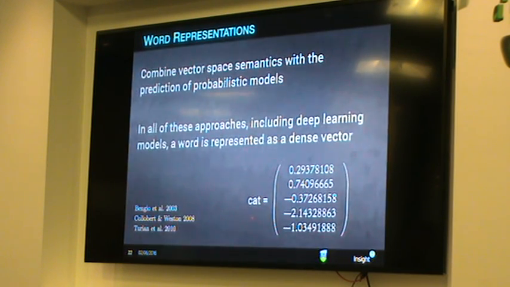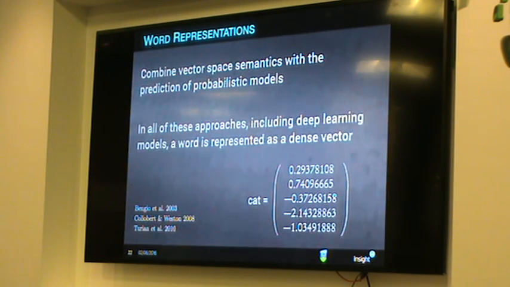And so when we combine these vector space semantics with some sort of prediction, the basic idea is that we want to represent each word as a word vector, in some lower dimensional space than the vocabulary space. Usually when people are building these word representations, they turn the word vectors into a feature space, but generally the dimension of that space is reduced to somewhere between 200 and about 500 or so.